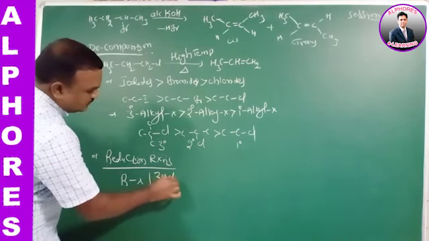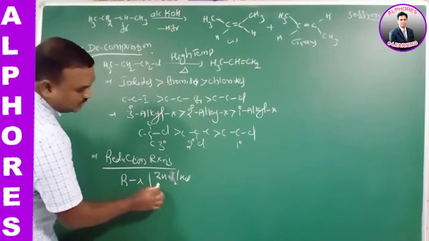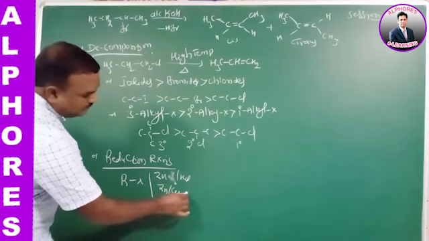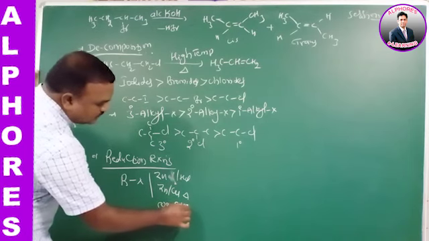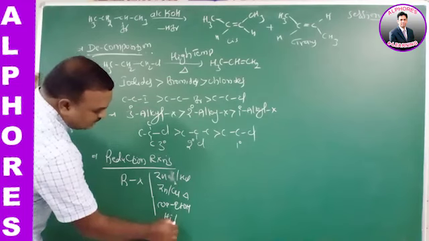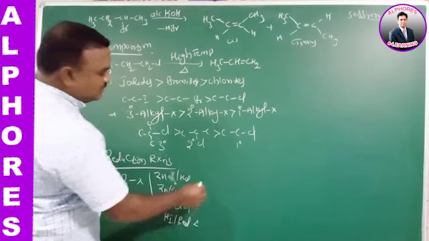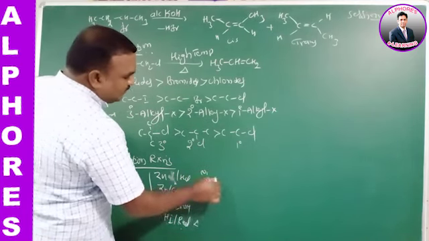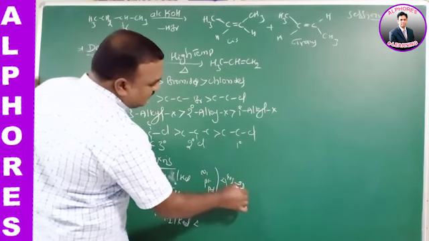You can take zinc plus HCl, or zinc-copper couple, or sodium in ethyl alcohol, or HI with red phosphorus at temperature, or nickel, platinum, palladium at a temperature of 473 to 523 Kelvin.